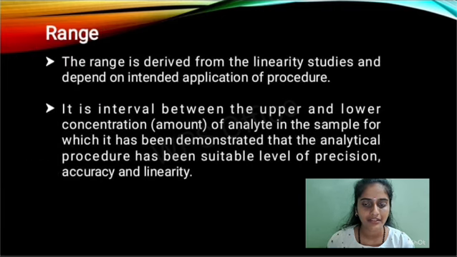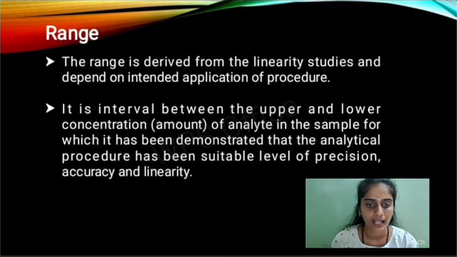The range is derived from the linearity studies and depends on the intended application of the procedure. It is the interval between the upper and lower concentration of analyte in the sample for which it has been demonstrated that the analytical procedure has a suitable level of precision, accuracy and linearity. It essentially defines the concentration range over which the method produces consistent results.